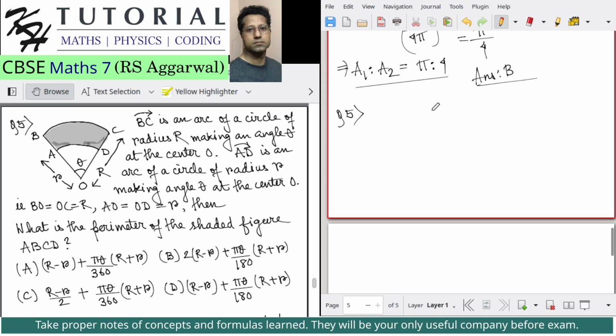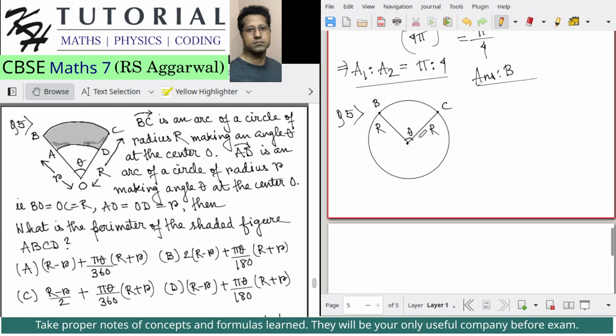So we have the bigger circle. Let's say this is the arc BC, which is making an angle theta with the center of the circle of radius capital R. So this is theta.